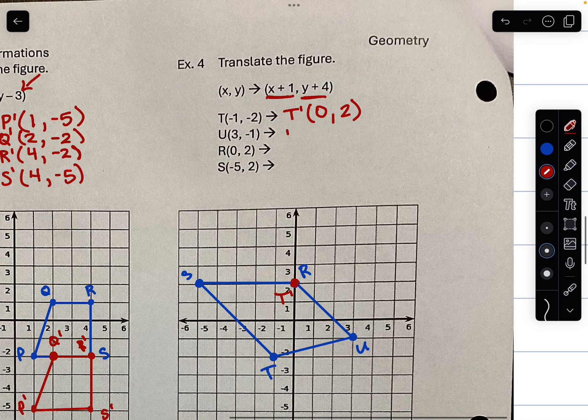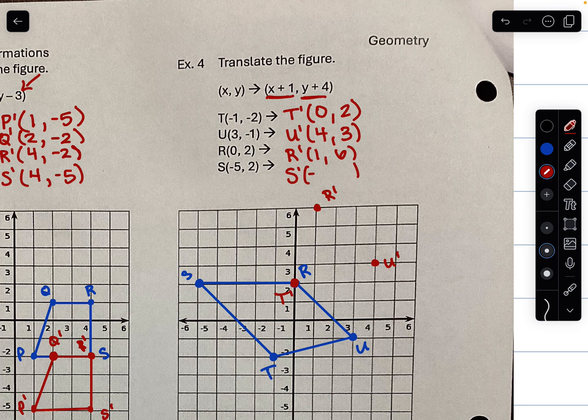All right, Rowdy, U prime. It's 4, 3. Good. Okay, somebody want to do R prime? 1, 6. And S prime.